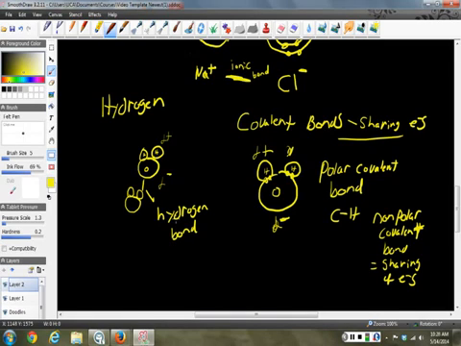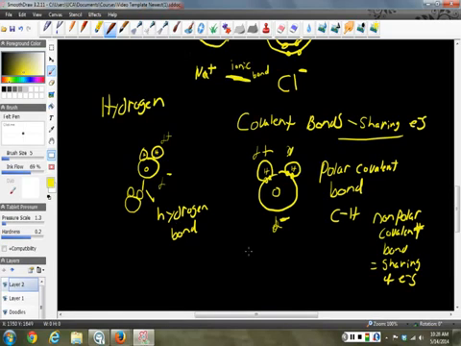So hydrogen bonds are essentially an emergent property seen in this case in water, which occur because of the unequal sharing of electrons between oxygen and hydrogen in the atoms comprising that water molecule. The oxygen side has a negative charge, the hydrogen side has a positive charge, therefore they can interact with neighboring molecules, and that is the hydrogen bond.